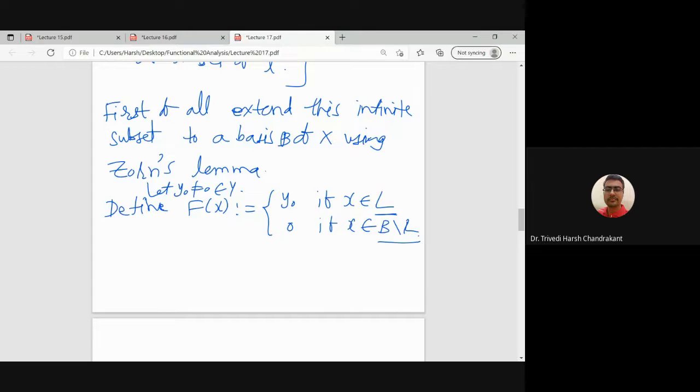So now we have defined this map on the basis elements, and once we have a function on basis elements, we can extend it as a linear map.